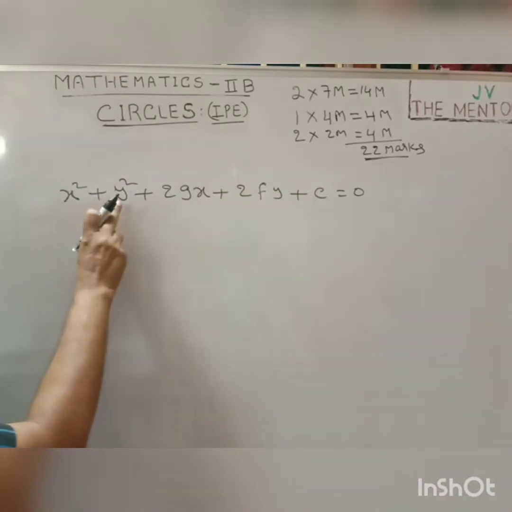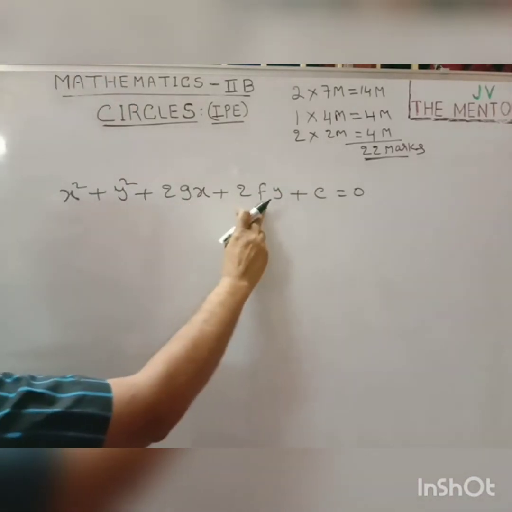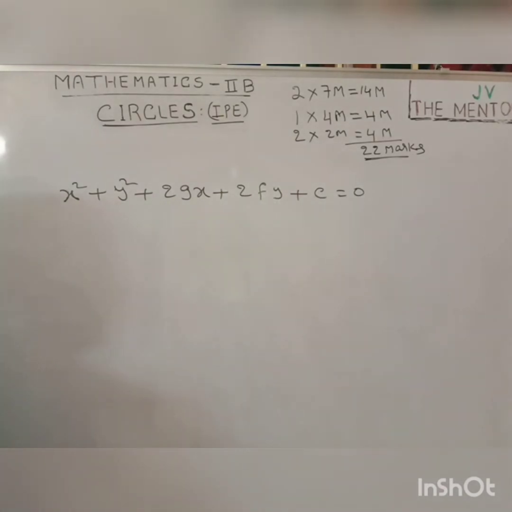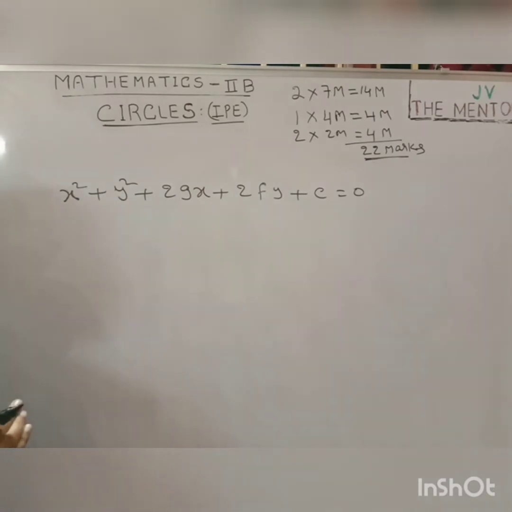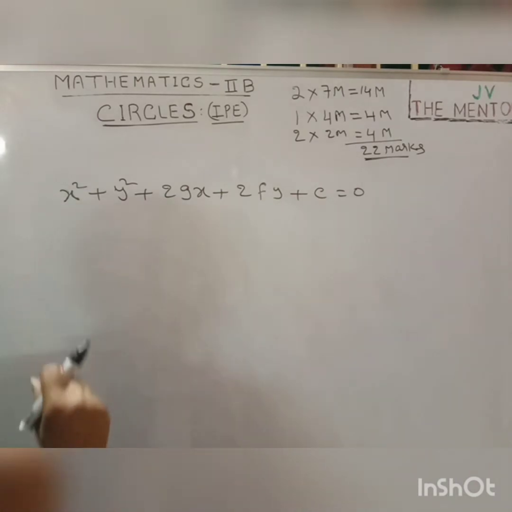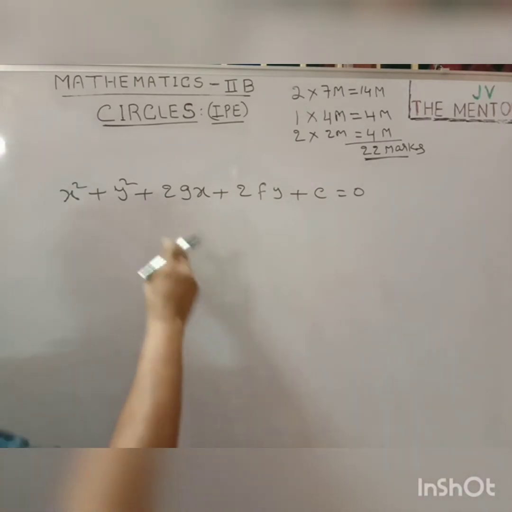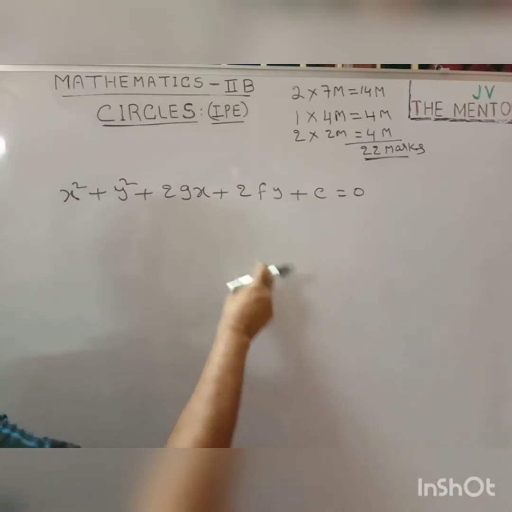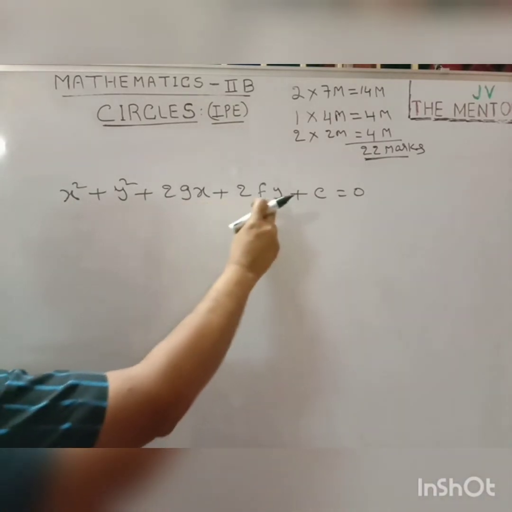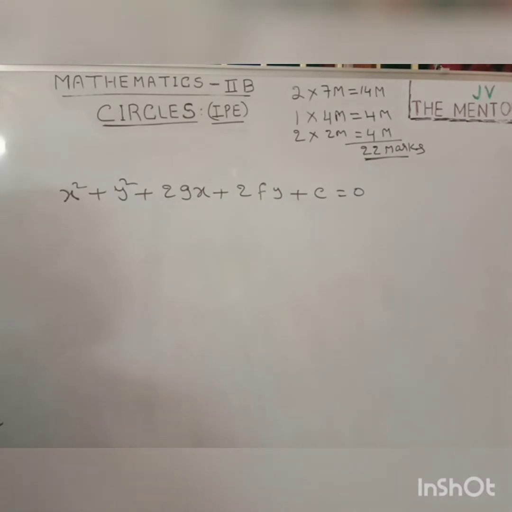The coefficient of x square and the coefficient of y square are equal. What about the coefficient of xy? Here in this equation, the coefficient of xy is 0. The coefficient of x is 2g, the coefficient of y is 2f, and c is the constant.